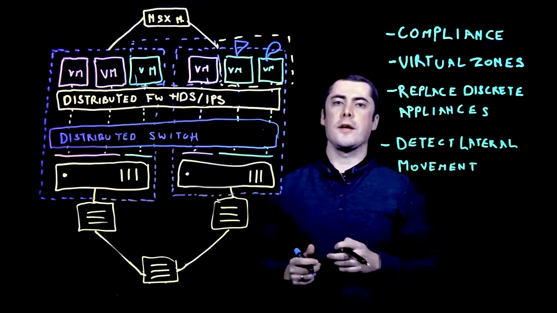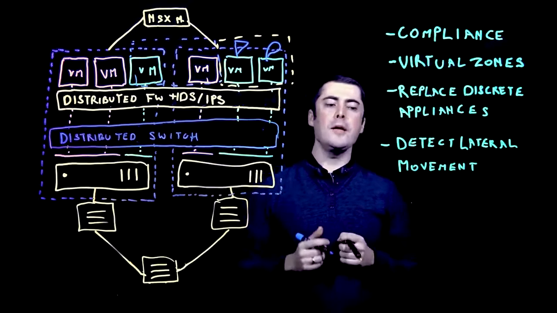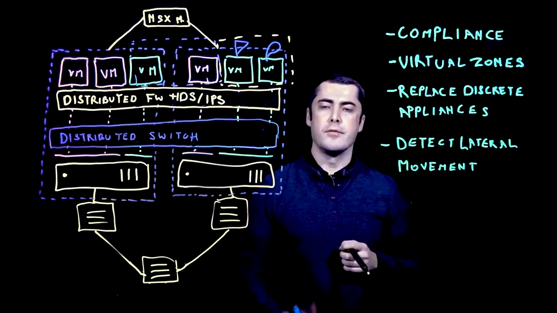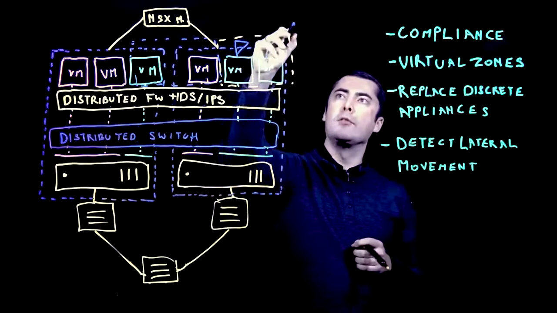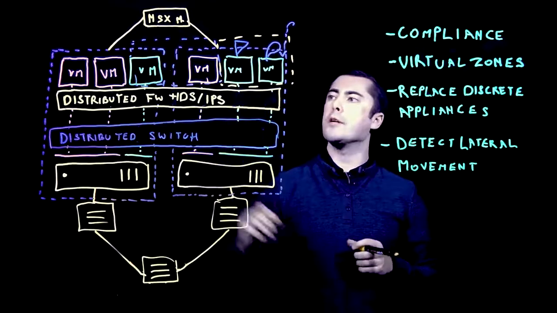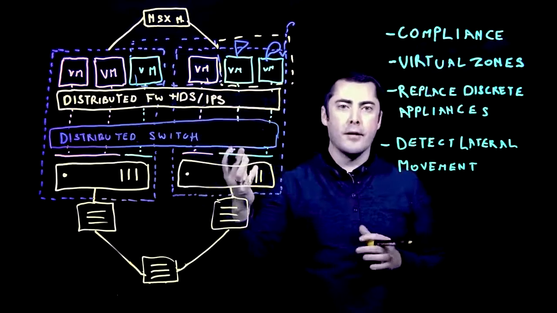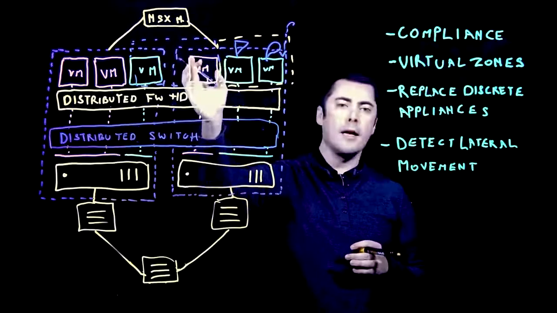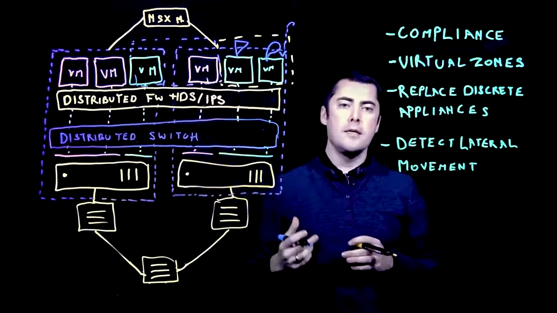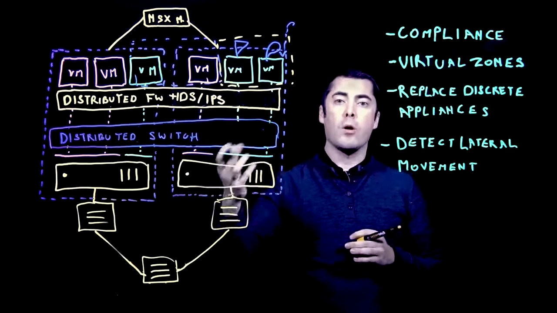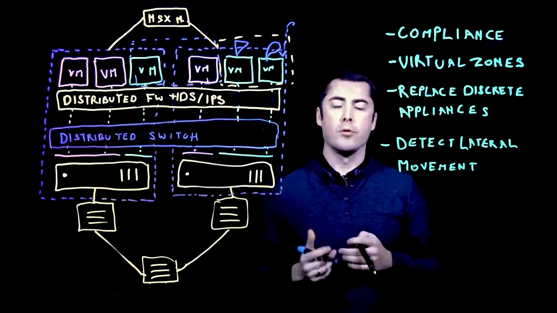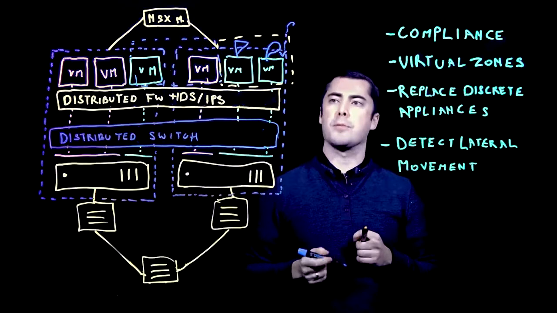Then a final use case of the NSX distributed IDS IPS is the detection of lateral movement. Almost invariably, the initial way that an attacker gets into the environment is not the actual objective of an attack. The actual objective is much more likely going to be a database server that runs on the inside of the environment, and the attacker wants to get that valuable data or compromise that data in order to do the maximum amount of damage.